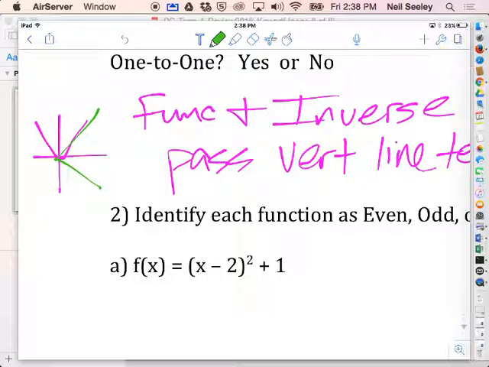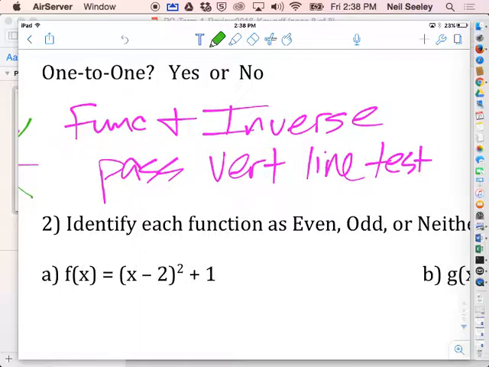So all you have to do is imagine, what if I put this thing on its side, would it pass the vertical line test? And it actually doesn't matter which way you face it. Take the function, put it on its side, would it pass the vertical line test? That would determine whether your inverse would pass the vertical line test. It's a quick fix. Some people try to do what's called the horizontal line test, but I like you to think of my function, an inverse has a rotation, so it kind of turns sideways.